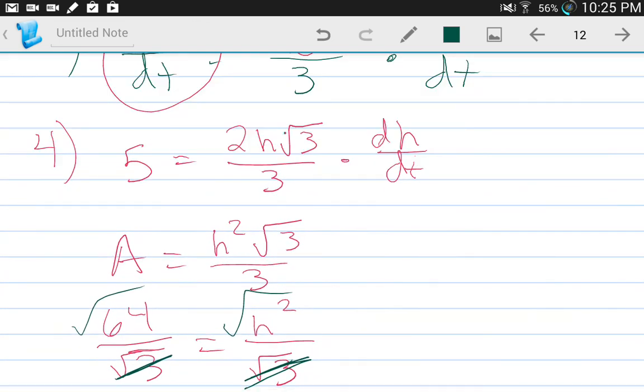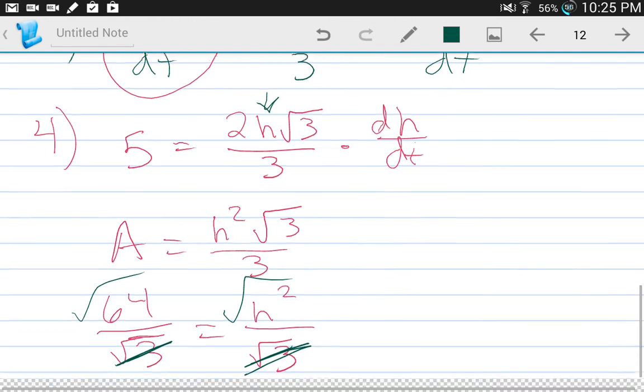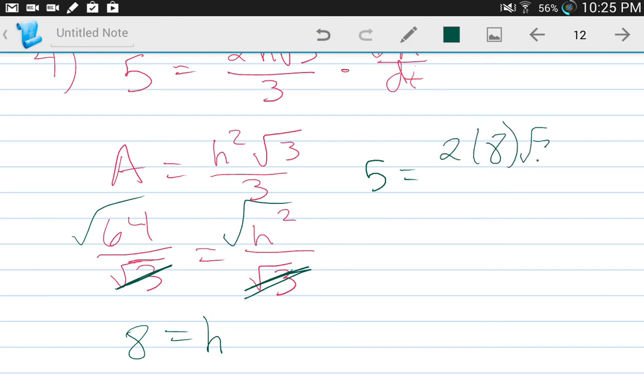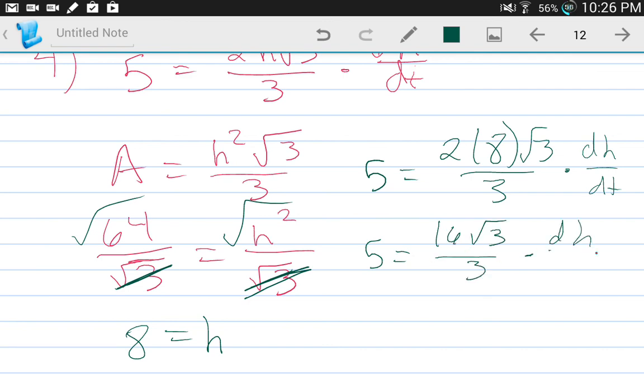So now we're going to plug in 8 there, and we'll get 5 equals 2 times 8 radical 3 over 3 times dh over dt. And that's 5 equals 16 radical 3 over 3 dh over dt. And we're solving for dh over dt.